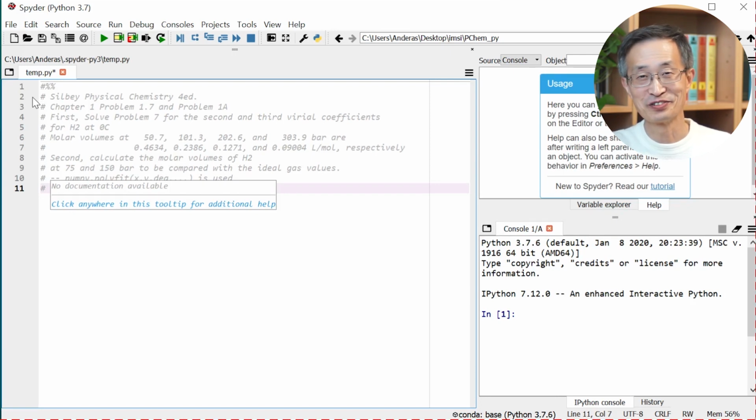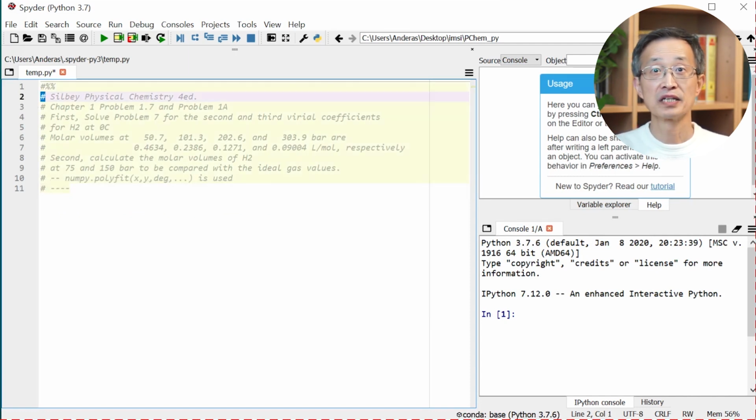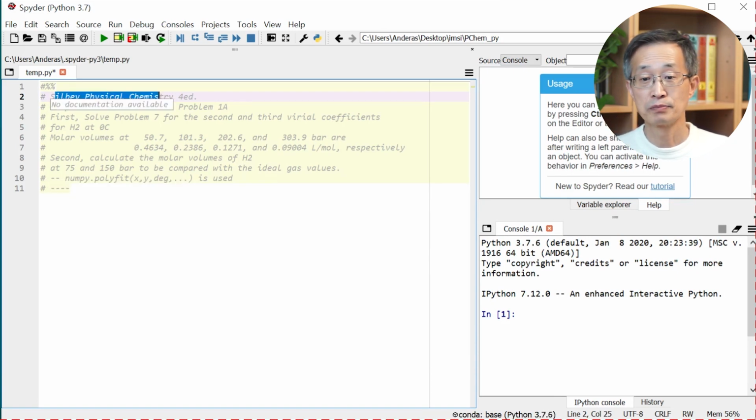That's what we are doing now. So this pound sign at the first character of the line means that the rest of the line is a comment.